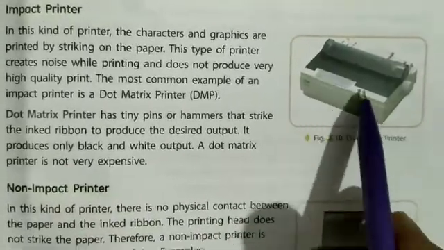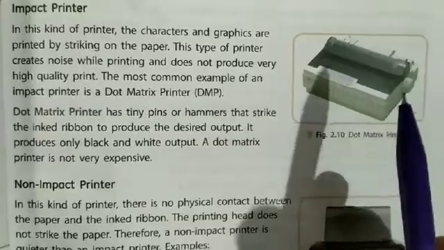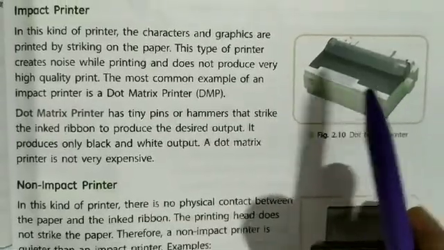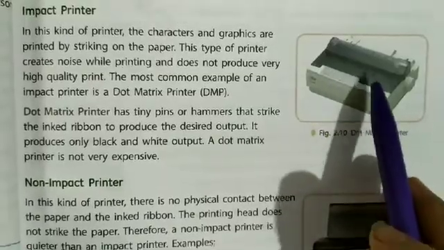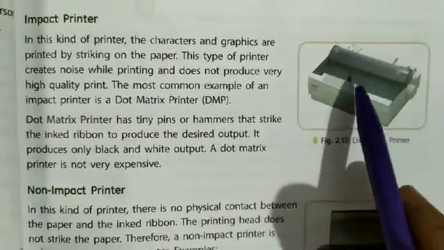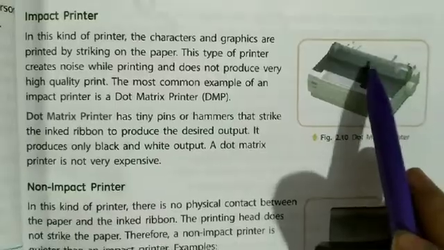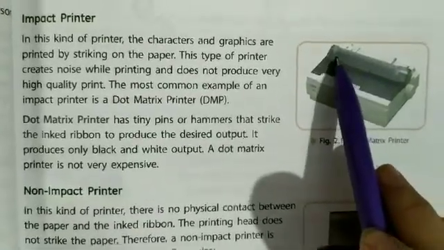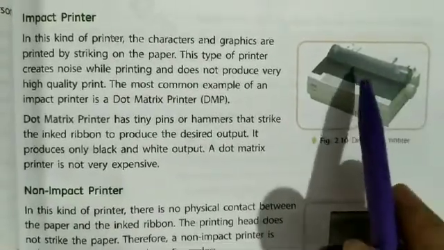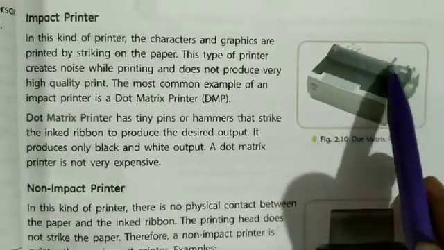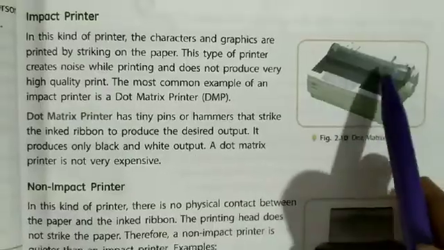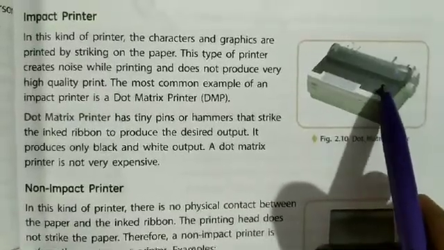This is a dot matrix printer and it is an impact printer. In this printer, when you want to print some character or graphics, there is a tiny pin or hammer which strikes the ribbon which is present here, and you get the desired output on the paper. Whatever output we get is black and white.